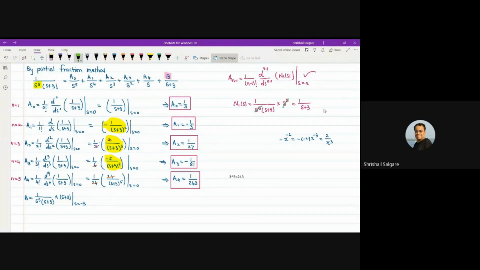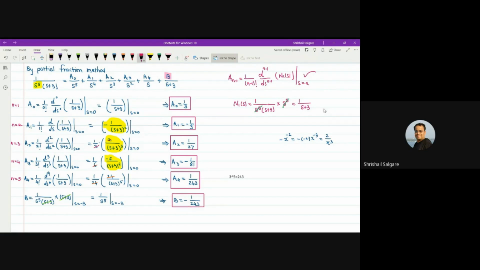So this s plus 3 factor gets cancelled. The remaining is 1 upon s raised to 5 at s is equal to minus 3. So b is equal to, the term is coming negative, 243, because you already calculated that. So this is minus 1 upon 243. Okay.